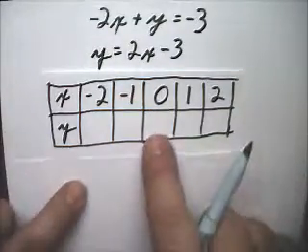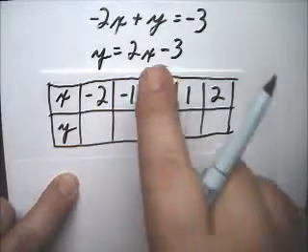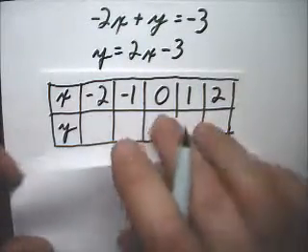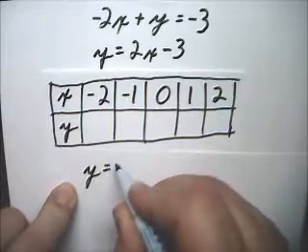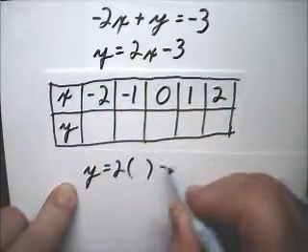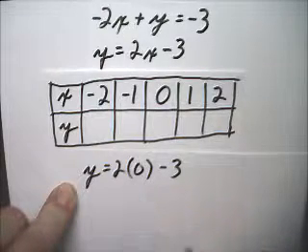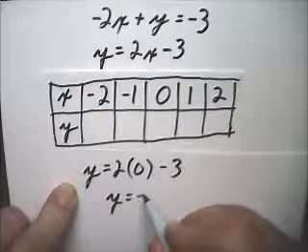Now x equals 0 is always an easy one to figure out, so I'm going to start there. We'd have y equals 2 times 0. So getting this ready for substitution, I'll put in a 0, and 2 times 0 is 0, so y equals -3.